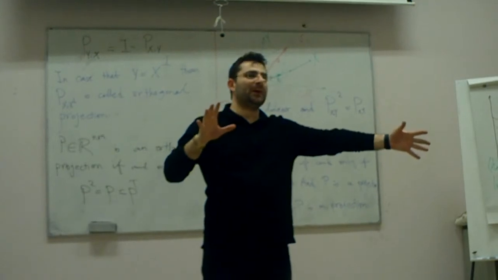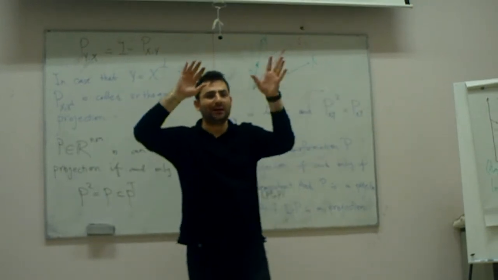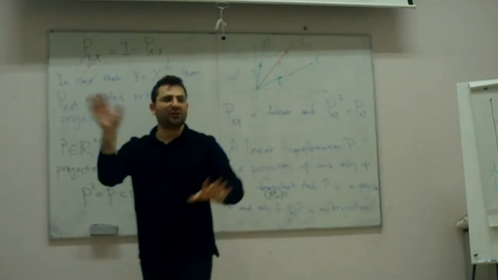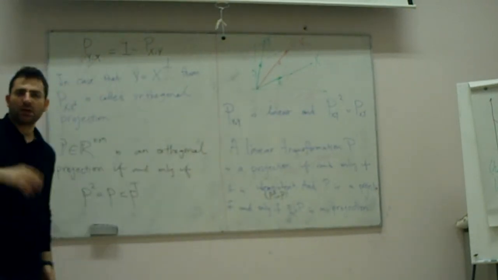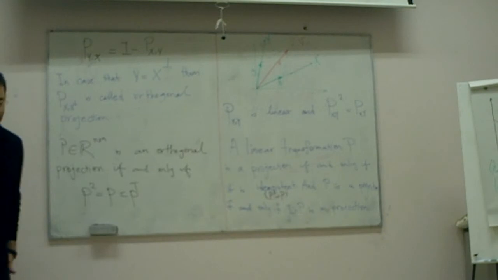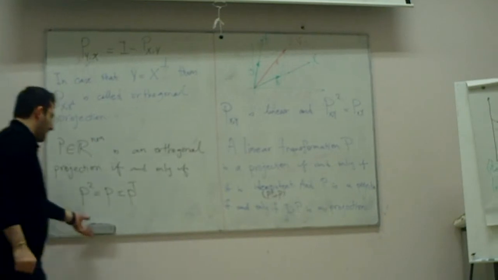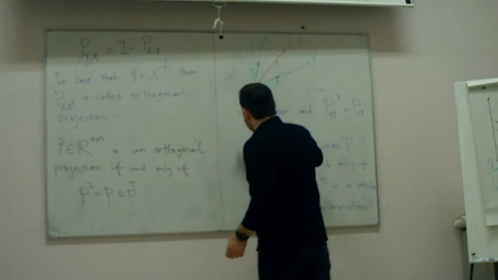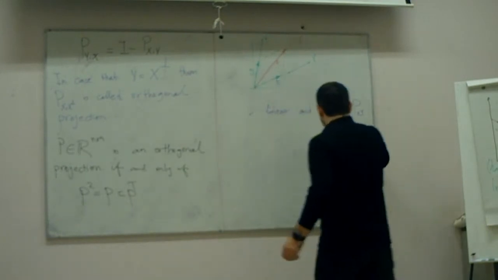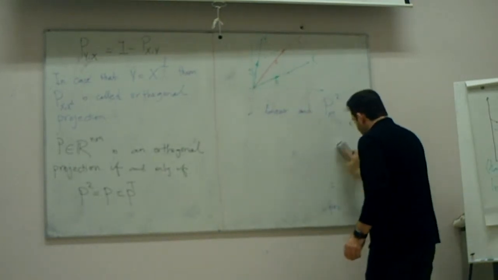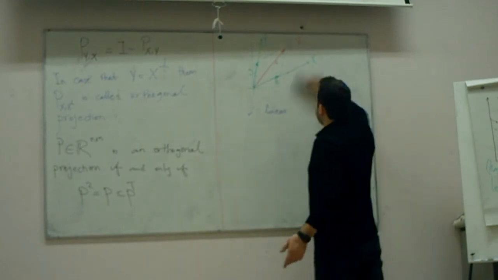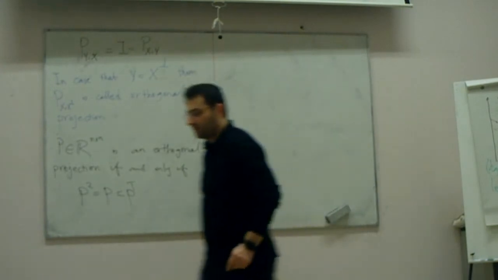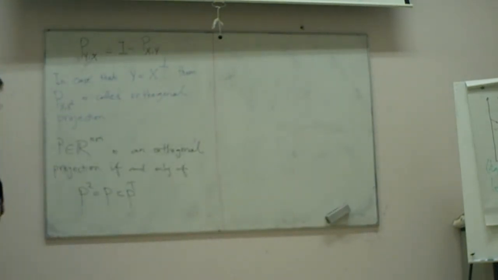SVD helped us: we can look at the U1, V1, and accordingly say which one is null space, which one is null space orthogonal, which is R, and which one is R orthogonal. Now we want to see the same thing on the projection, and because we know SVD is our friend, we can use it to calculate it.